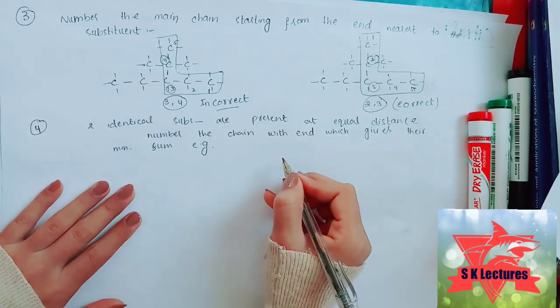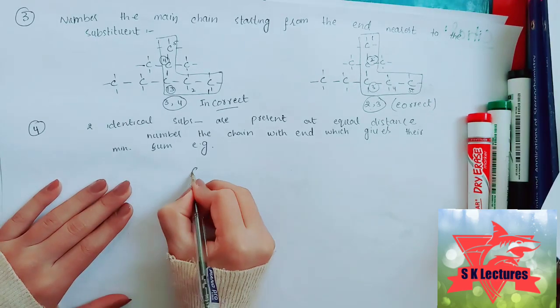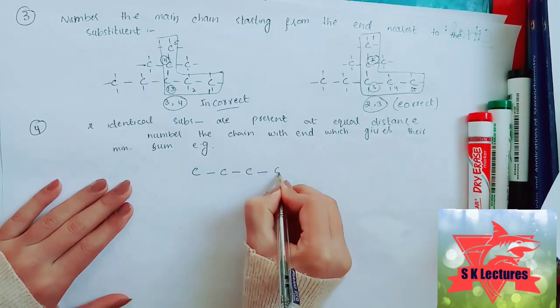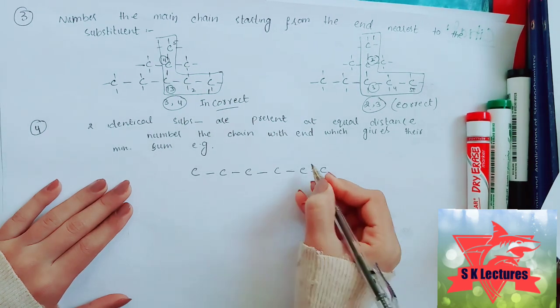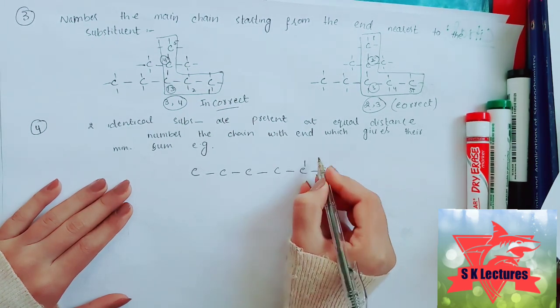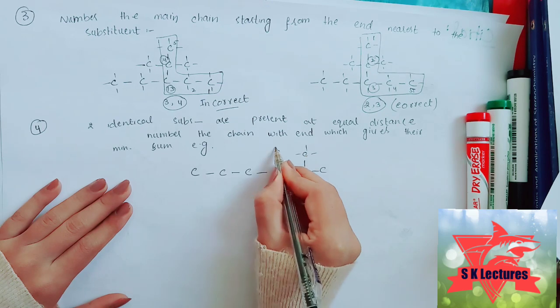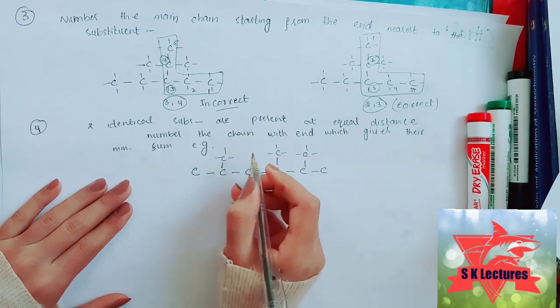It means that on different positions on the chain, same or identical substituents are present. For example, we have this 6 carbon atom chain, and 3 identical substituents are present.